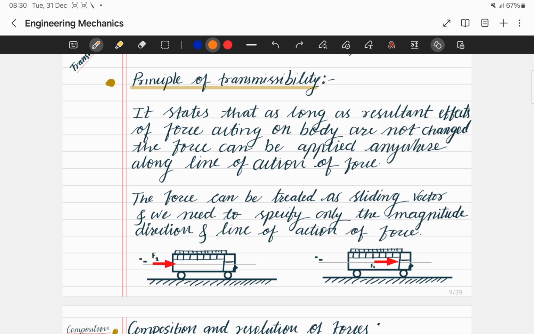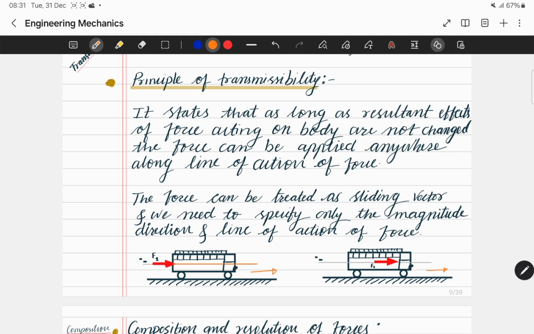So if you have a bus shown here, which is traveling in this direction, and suppose this is the force F1 applied at the back end of this bus, and this is its line of action.